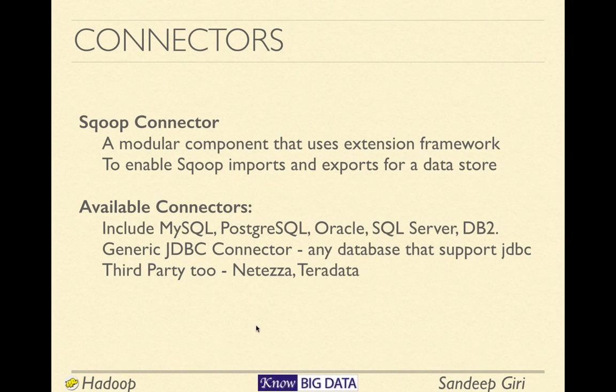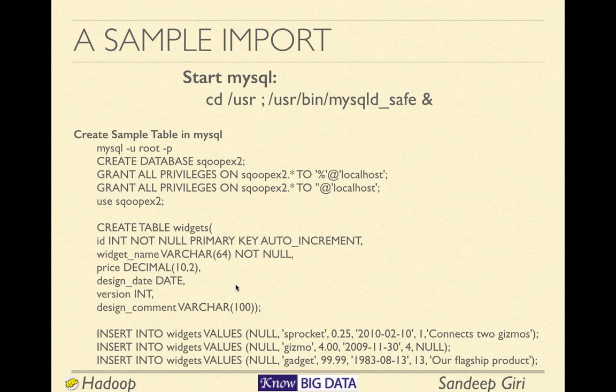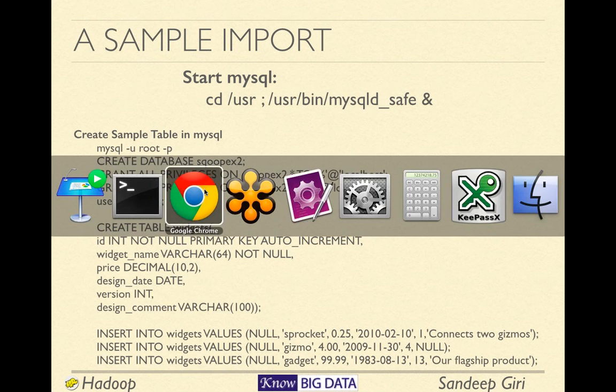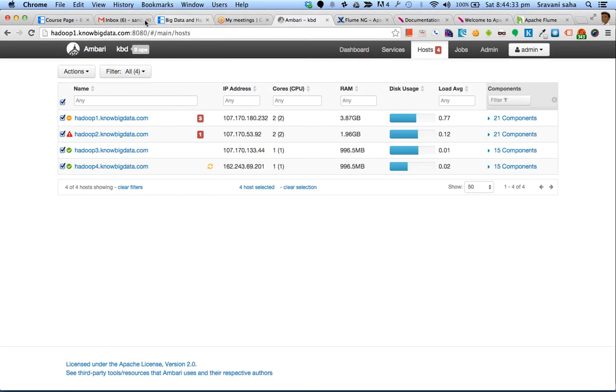In the future, if there is a new database, people can write a connector for that database, and then you're done. And probably any database which comes up always comes up with its JDBC driver. So let's just see, where is our MySQL running.